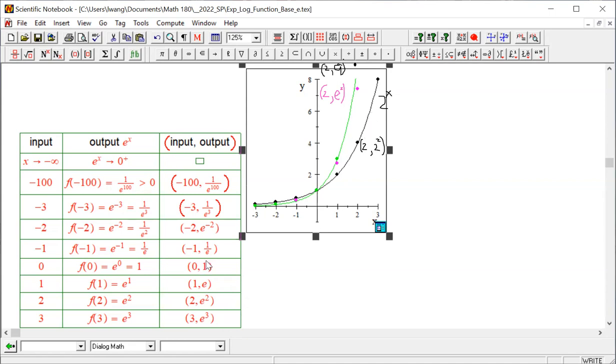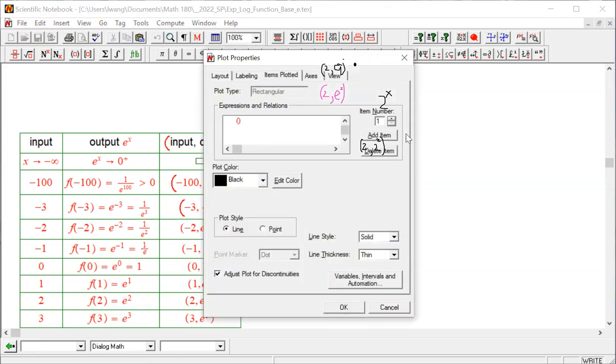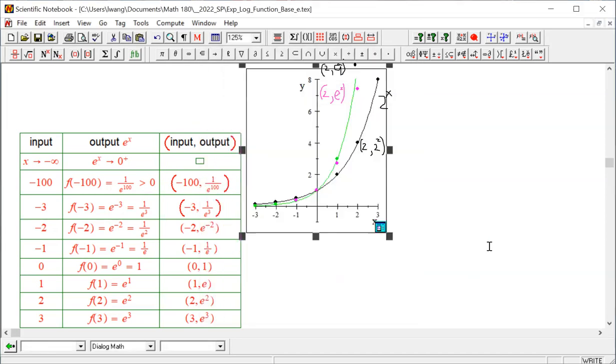When we plot all of the points in the picture, of course (0, 1) is going to overlap with that y-intercept that we used to have for the other two functions. So we got that, right?